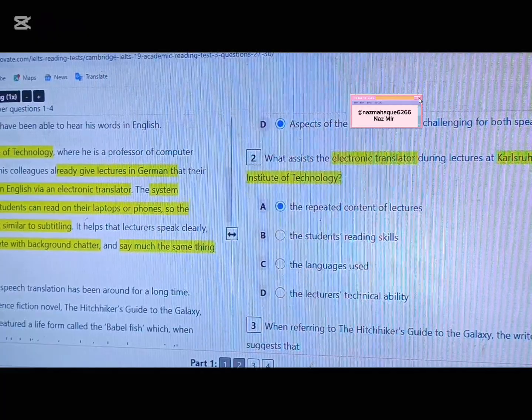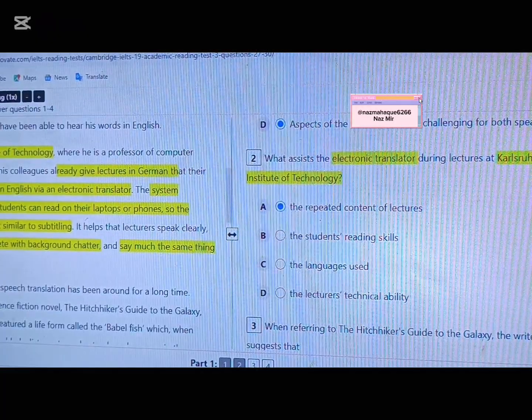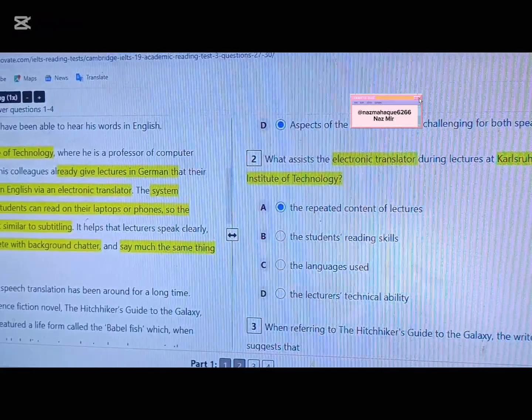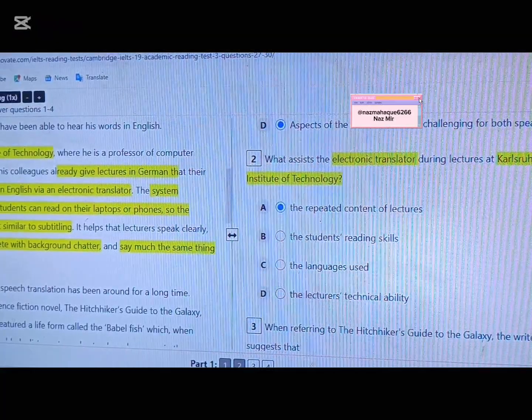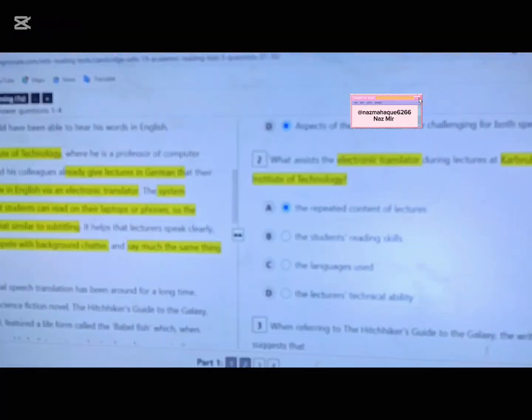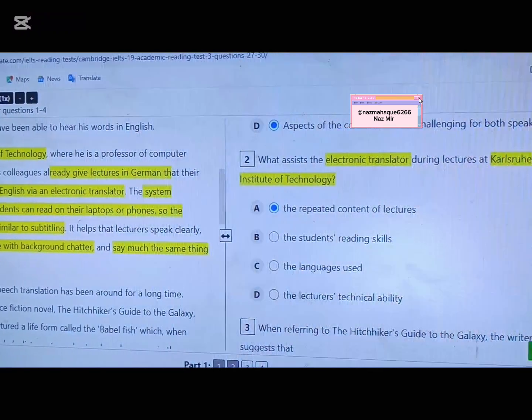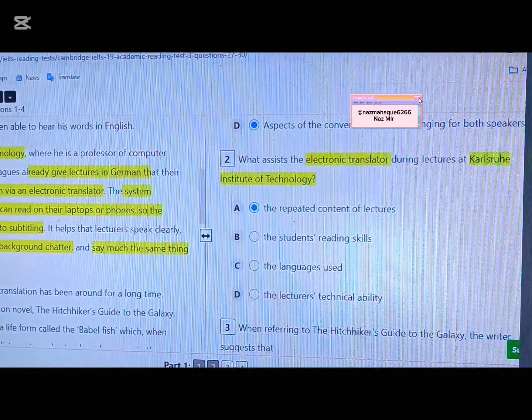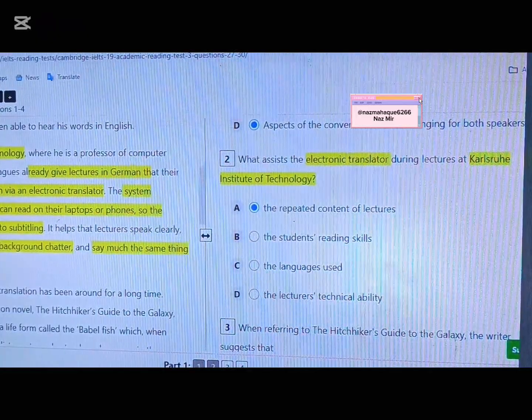So this is not the case. We are going to eliminate this option as well. The fourth option is the lecturer's technical ability. There's nothing mentioned about the lecturer's technical ability. Okay, so these three options are being eliminated, and the right answer is the first one because of all of the things I have explained.